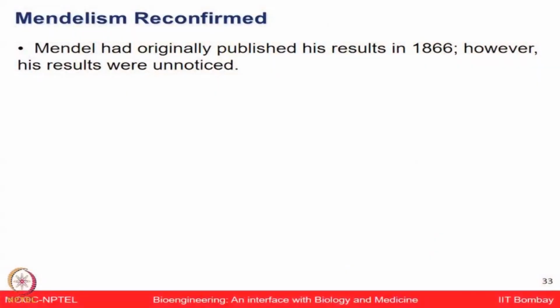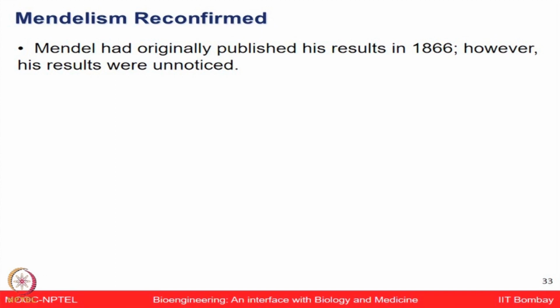He was just making these observations based on his interest in observing nature and plants. So he was not very popular. Nobody knew about his findings. He published his results in 1866, but people were not aware of what Mendel did, and it got published in some journal which nobody noticed.